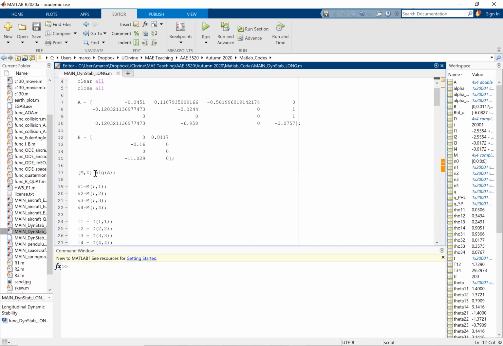Then calling the function eig of A, the output of this function are two matrices, M and D, and M contains the eigenvectors of A, and D is a diagonal matrix containing the eigenvalues of A. So M is the same symbol that we've been using for the modal matrix, and D is actually the capital lambda matrix. So let's just run the code till here, and let's see the output.